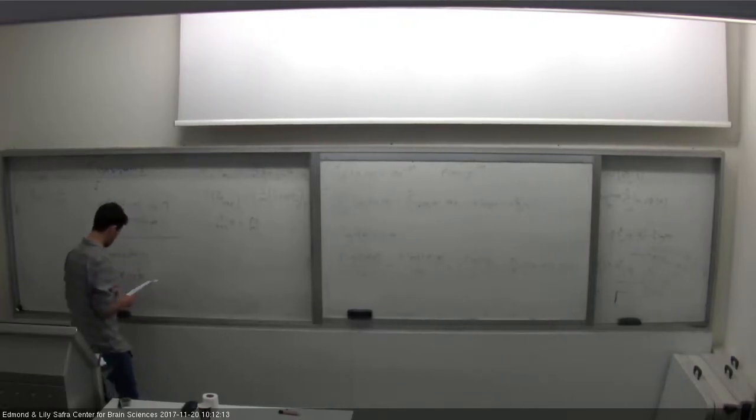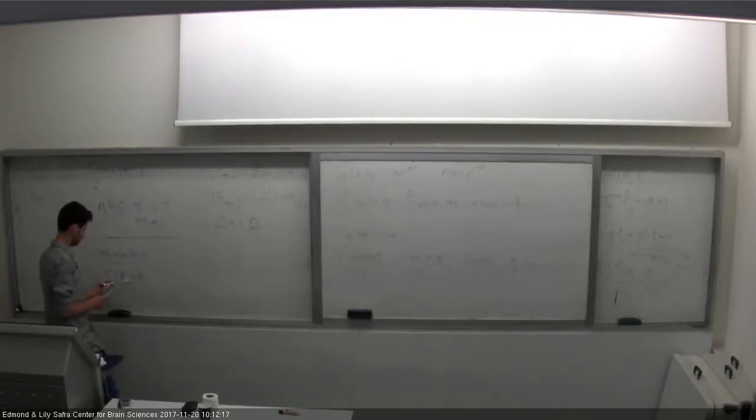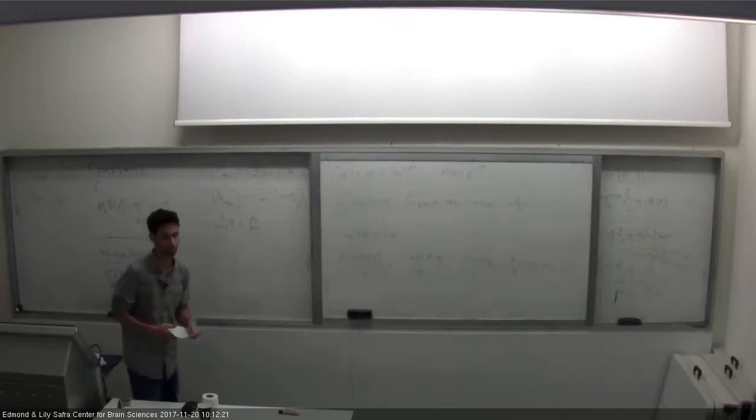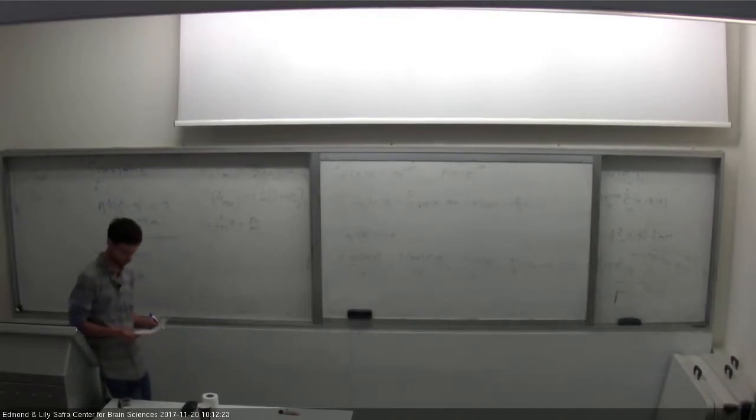Here the expected value is over x1 to xn, all the samples that we can get. So this is consistency and unbiasedness.